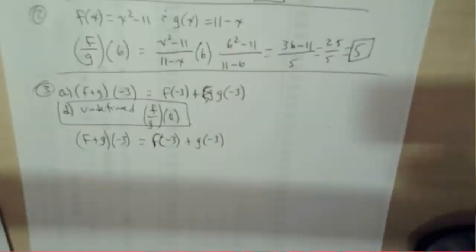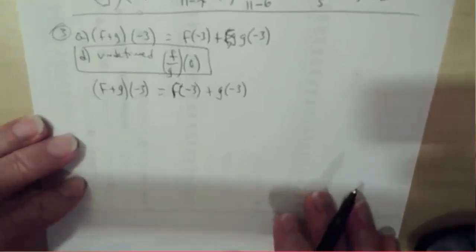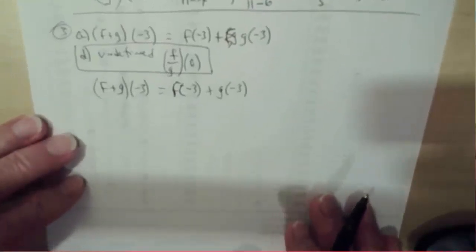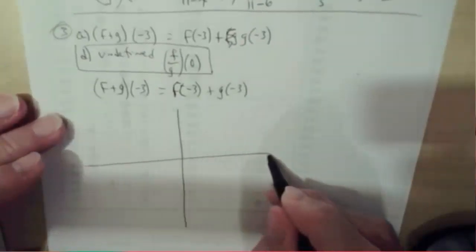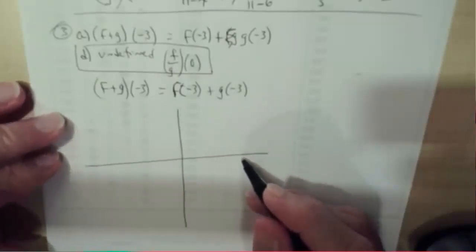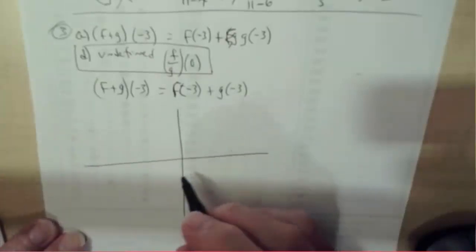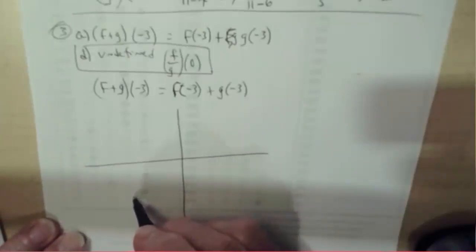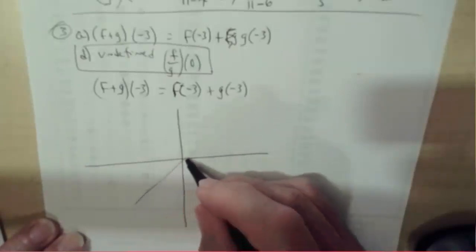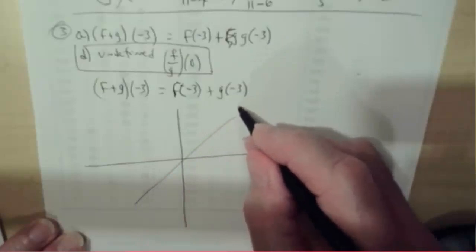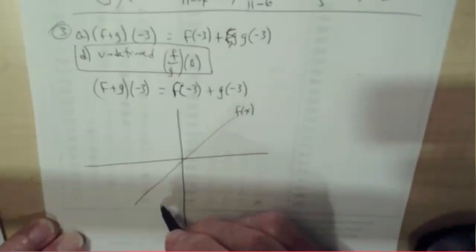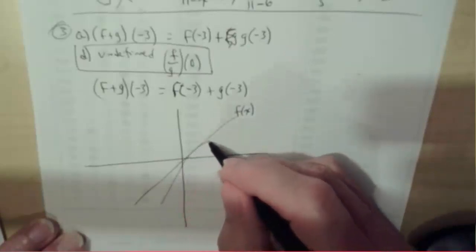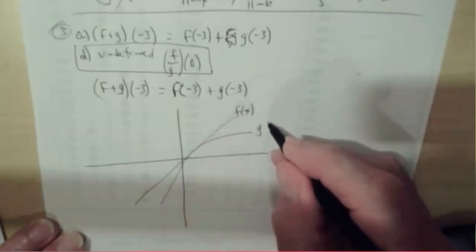So what we have to do here is, like I said, you're going to have to look on your graph, because obviously I don't have that one. You're going to be given two graphs. Probably will look something like this. This is going to be f of x, and this one will be g of x.